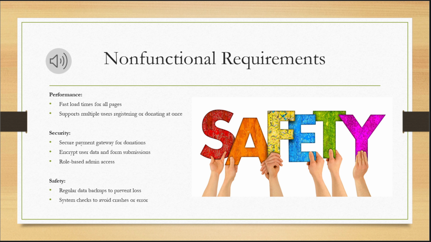It'll encrypt user data and form submissions, meaning that they can't be hacked or stolen. For safety, we bring regular data backups to prevent loss, meaning we will keep customer information so that in the future, if something does happen, we will be able to bring that back and remember who they are.